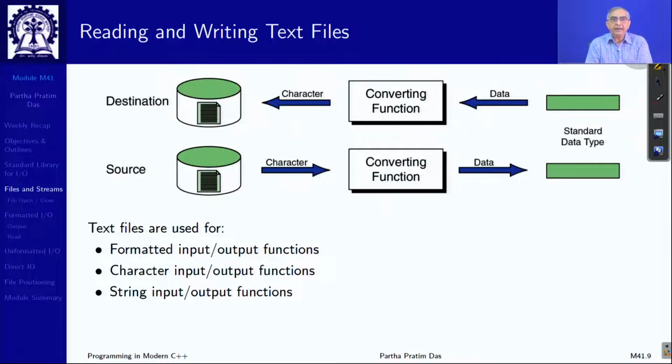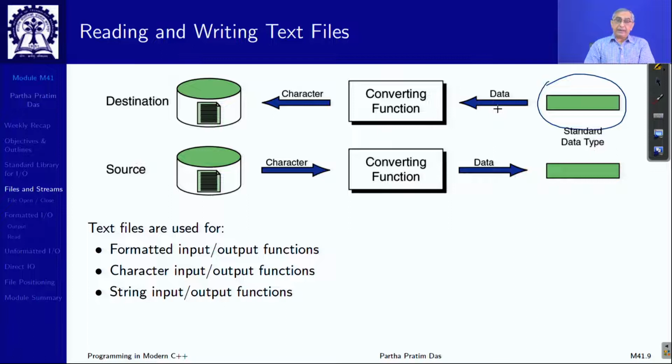Now, how do we read or write text files? You are already familiar to a good extent, doing it particularly on the console. So, for a text file, we have the data represented in the form of some standard type. It could be integer data, character data, string data, and so on.